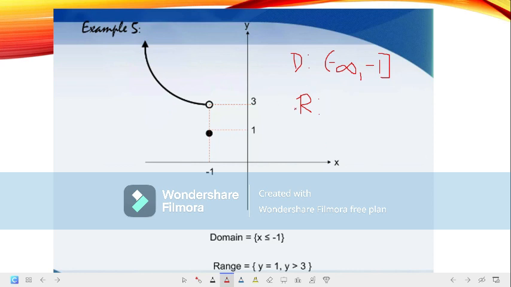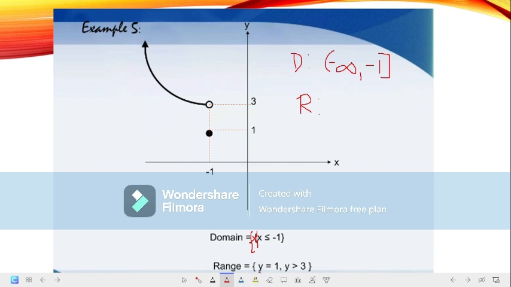So instead, if we cannot express this in interval notation, we will just use the set builder notation. For the domain, we have the set of all x's such that x is less than or equal to -1. For the range, y is equal to 1, and the set of all y's such that y is greater than 3.